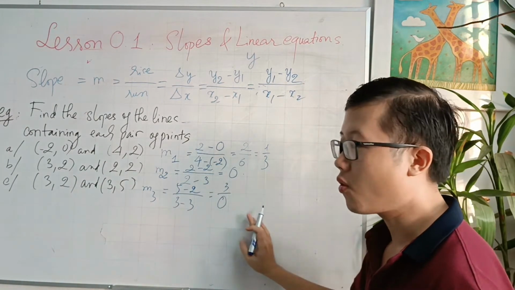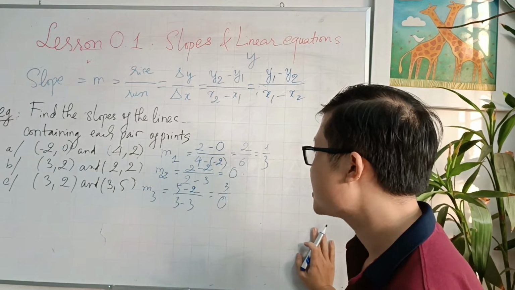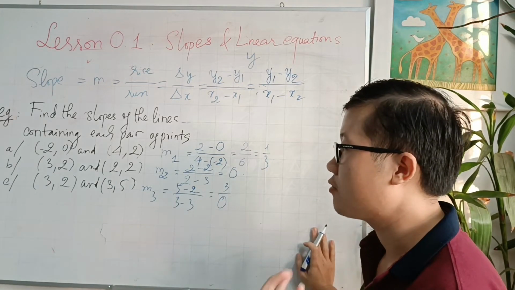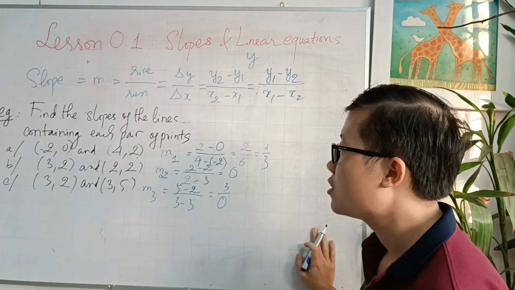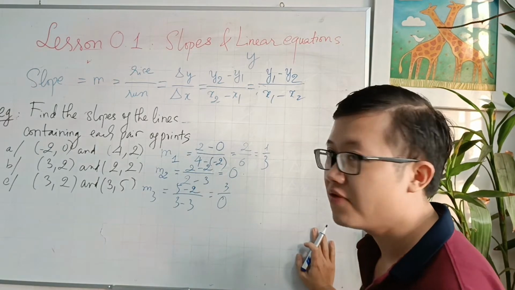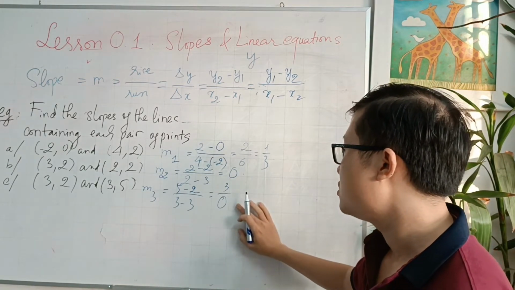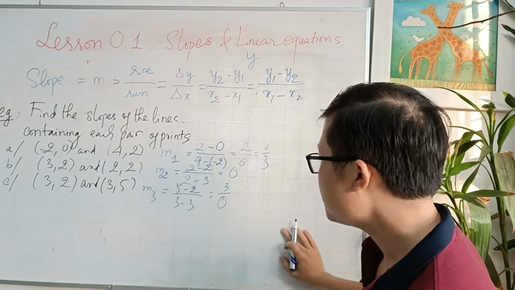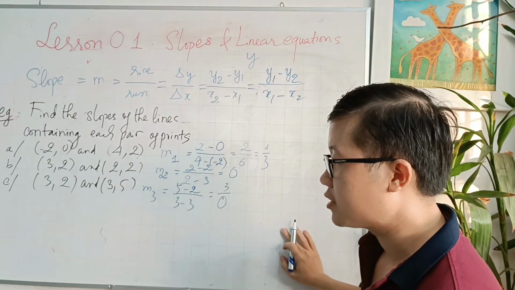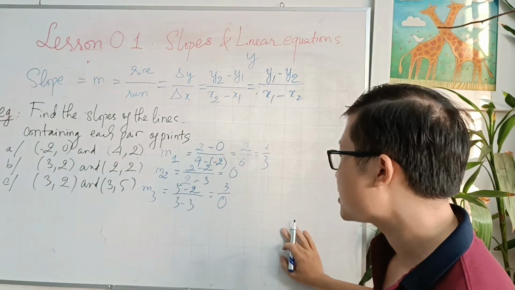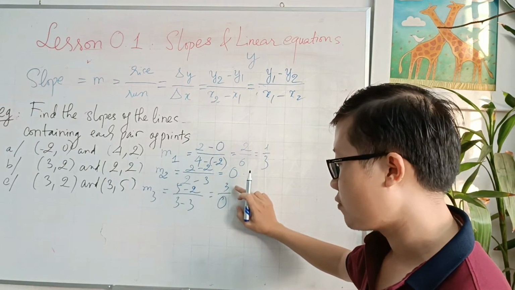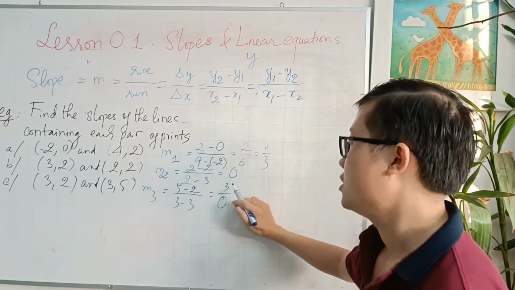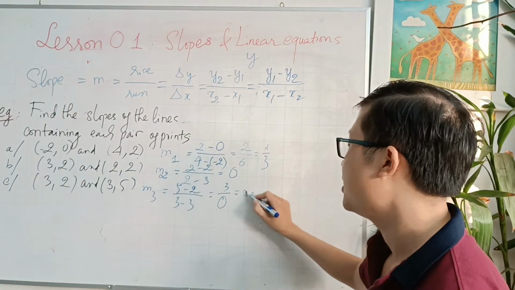In secondary school or primary school, we learned that we cannot divide by 0. But in high school, we know that when we have a number over 0, the answer is infinity.